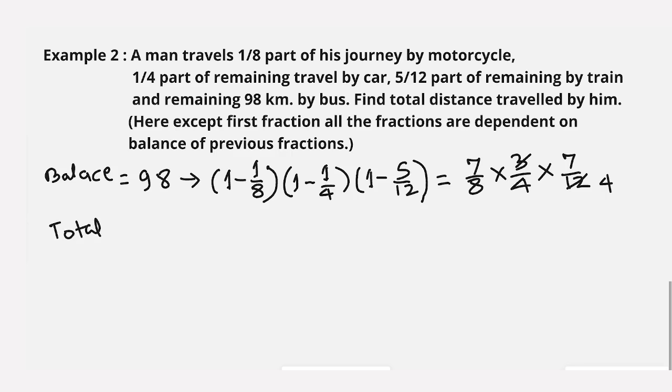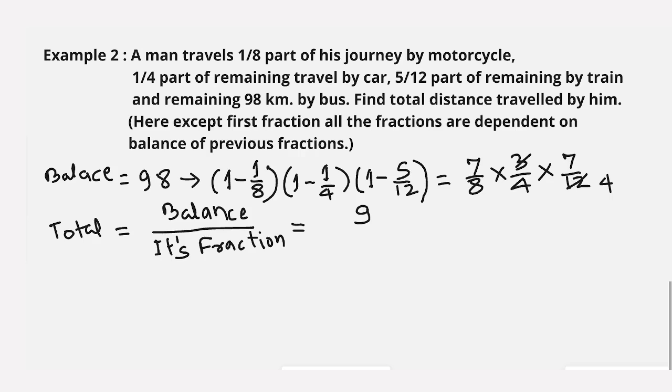Now total journey is balance journey upon its fraction. This is equal to balance journey traveled is 98 kilometers and its fractions are 7/8 multiplied by 1/4 multiplied by 7/4. We will bring all the denominator of denominator into numerator.